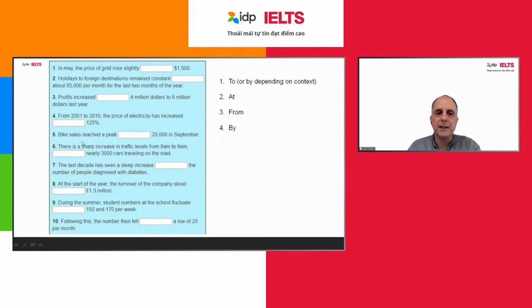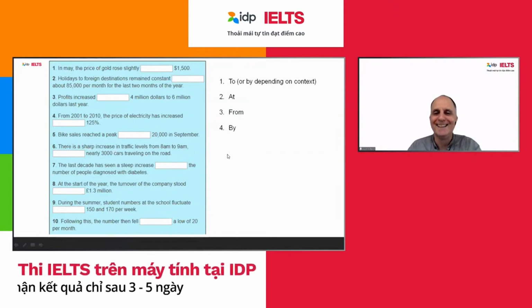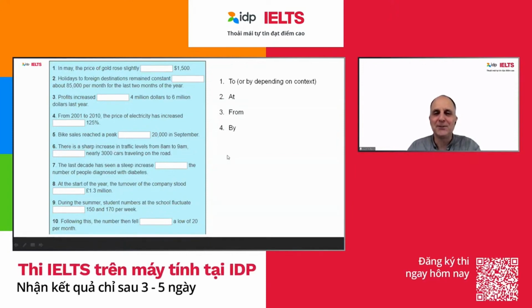Next one, number 5. A peak. Oh yeah, some of you fell for it. Yeah, a peak of. Remember, by itself, peaked at, if it was a verb, reached a peak of when it's a noun phrase. Okay.